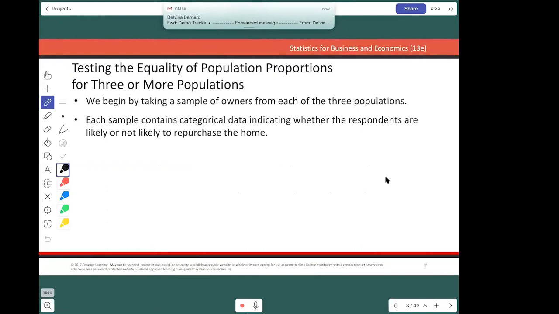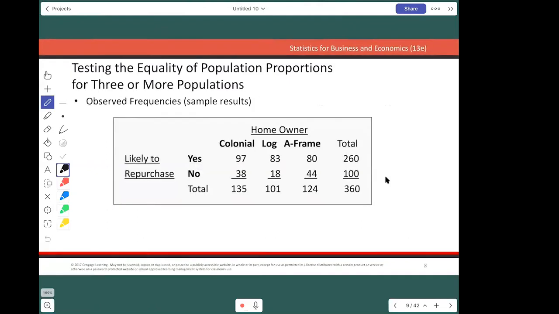So we begin by taking a sample from each of them, and we would have the following data. So the data looks something like this. If we look at this data, we have the different types of homes: colonial, log, A-frame, and likely to repurchase.